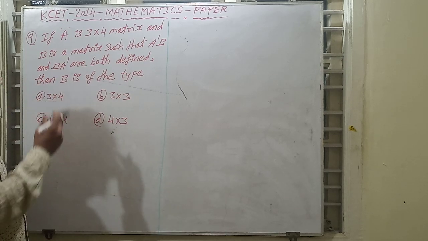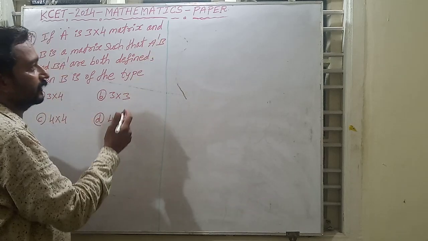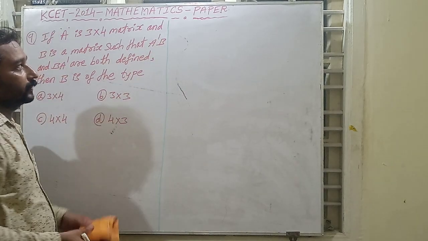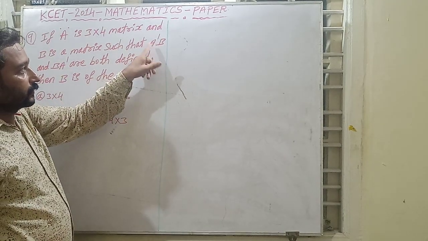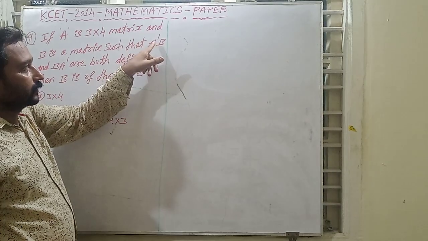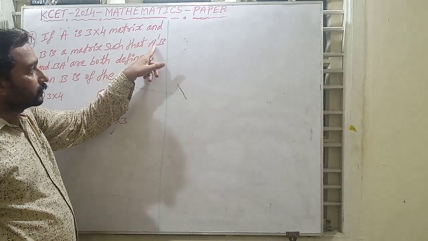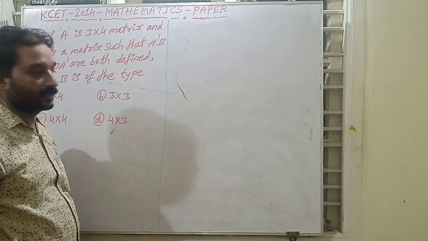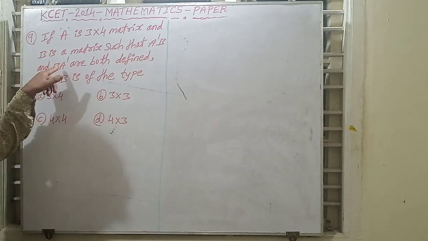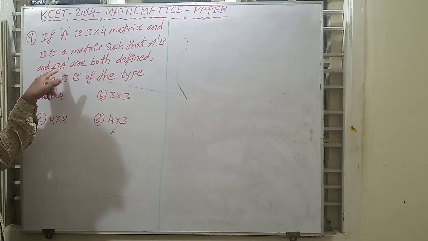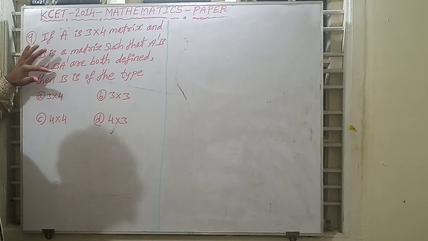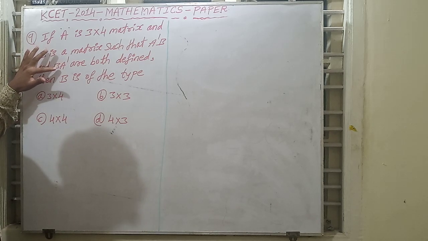So using the condition for the product of any two matrices, it depends on the order. A dash B is defined when the number of columns of A dash equals the number of rows of B. B into A dash is defined when the number of columns of B equals the number of rows of A dash.